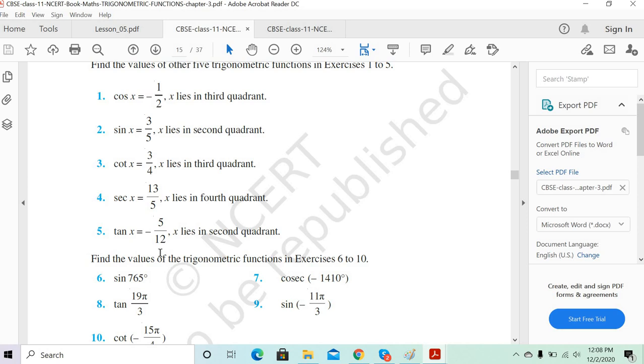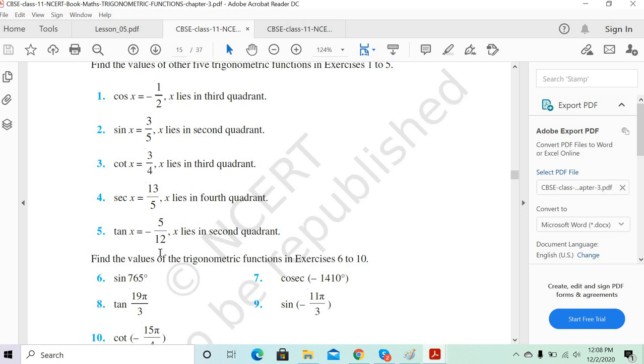So we can write sine 765 is sine of 4 pi plus 45 degree. Excellent. 4 pi plus 45 degree.